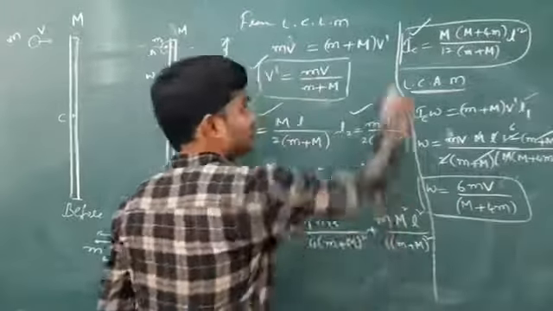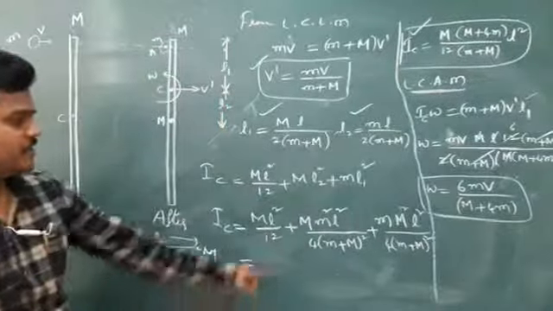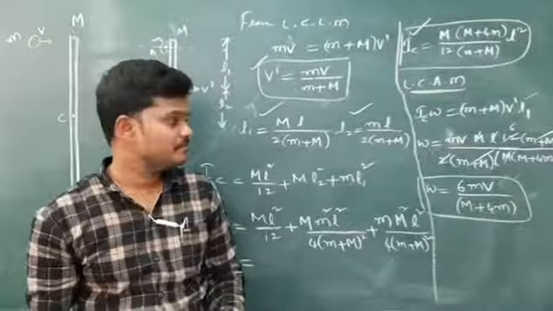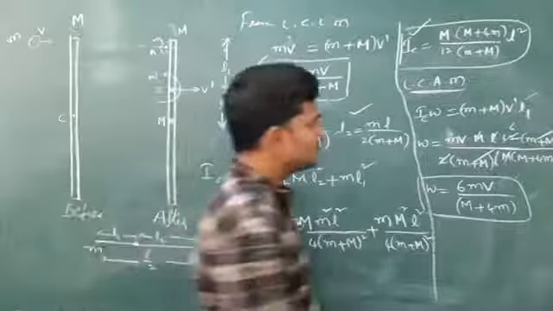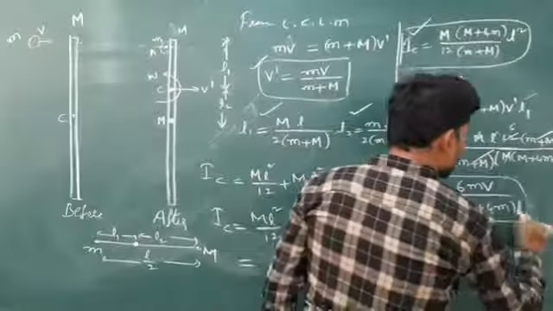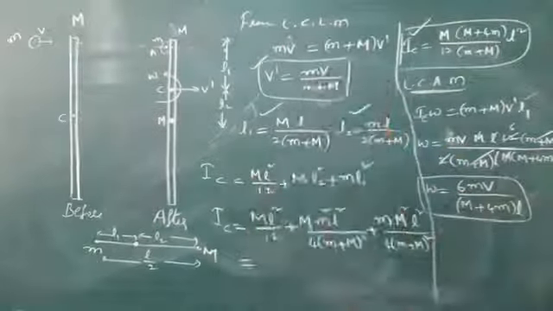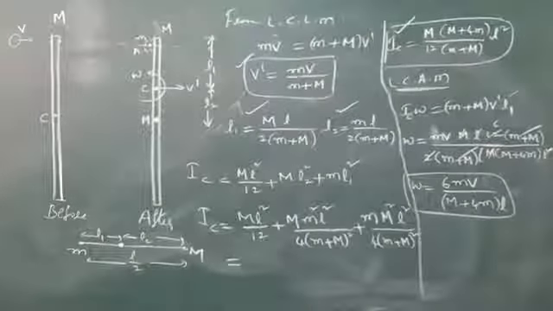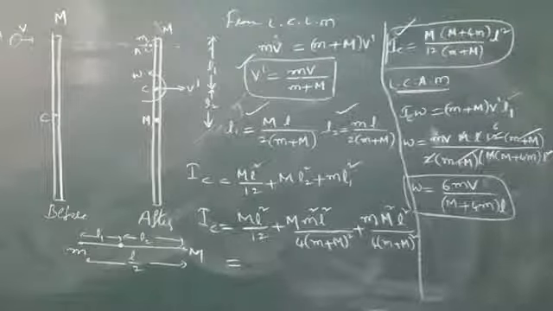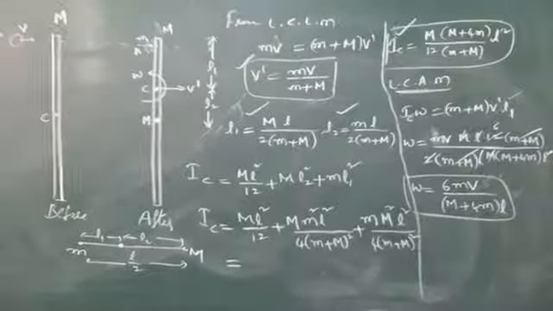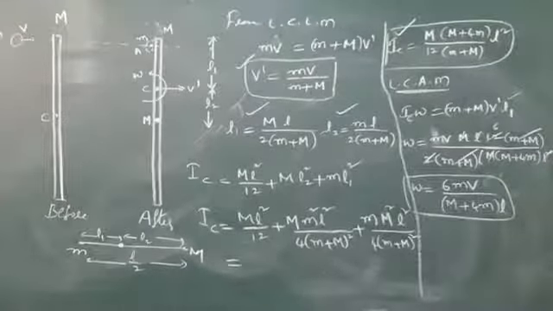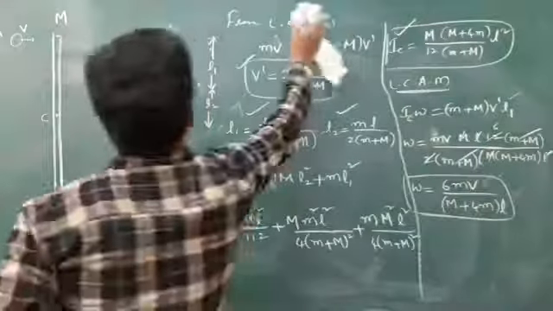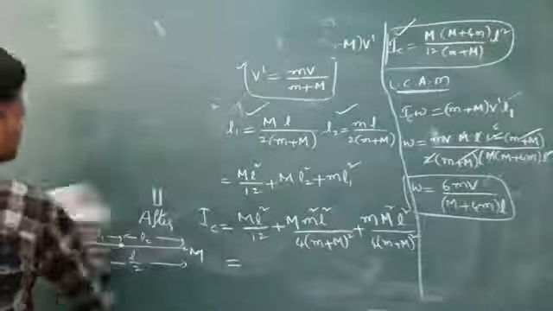Here I missed 1 or 2 steps. You will get 6 mv capital M plus 4m into 1 L is there. Just you check it. Okay, so verify these calculations, and let me continue one easy question.